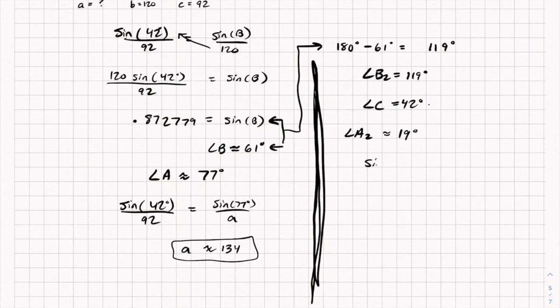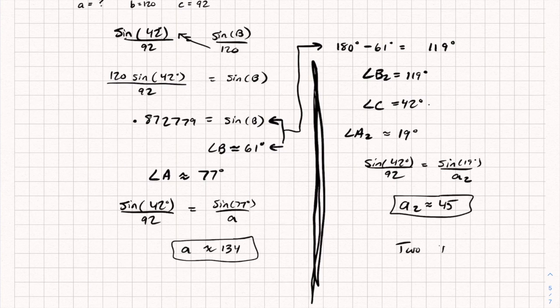And then I'm going to use law of sines with sine of 42 over 92 equal to sine of 19 over little a. Now this little a will represent little a2, and I'll cross multiply and divide to get little a2 is approximately 45. So I get two possible triangles here.